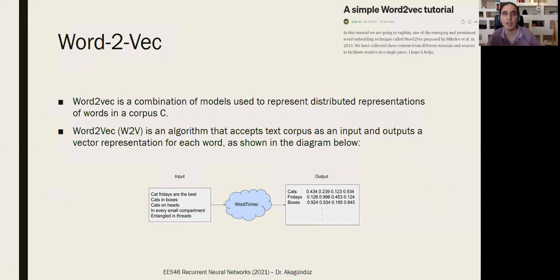That's why most probably in any word-to-vec implementation, I and am are quite similar to each other, because not only do they have a relationship based on meaning, they have some sequential relation as well. So word-to-vec is an algorithm that accepts a text corpus as an input and outputs a vector representation of each word, which is also called the word embedding. Good.